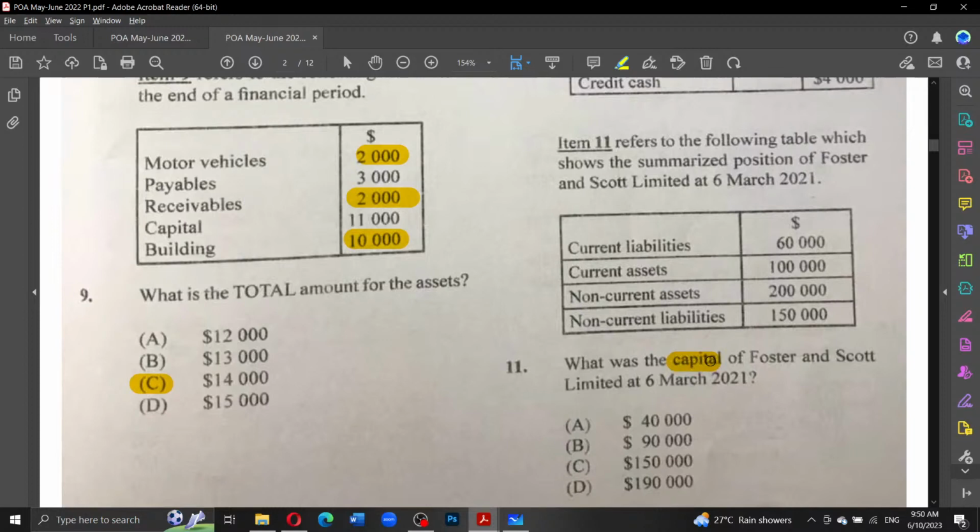So let's add the asset. We have asset here and asset here. So the asset equals 300,000, and the total liability is 210,000. So 300,000 minus 210,000, we'll have 90,000.